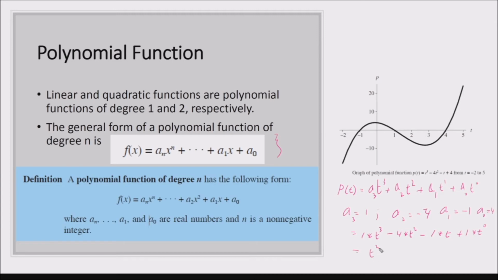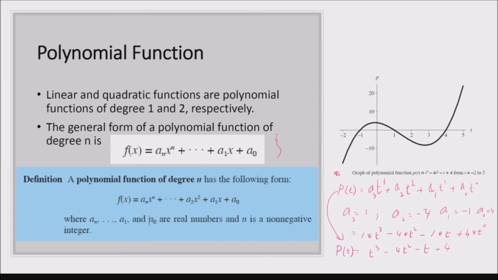It means t^3 minus 4t^2 minus t plus, t^0 is 1, so I'm sorry, this is 4, and then you get 4. That is how you come up with this one from the general form. This is the general form, this is the equation. Keep an asterisk on this, I would ask you some questions related to this. So that is a polynomial function.